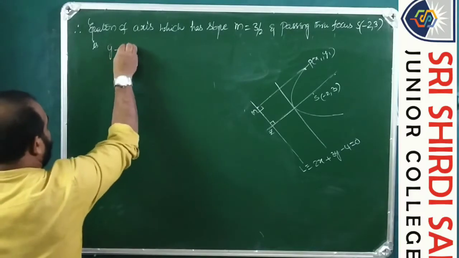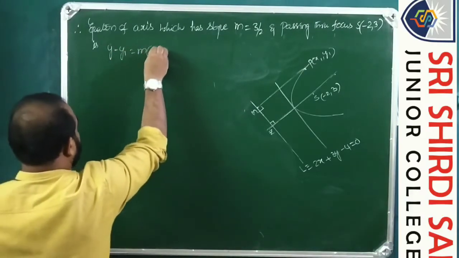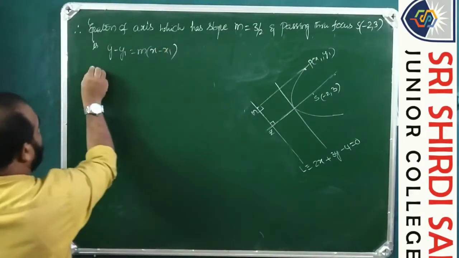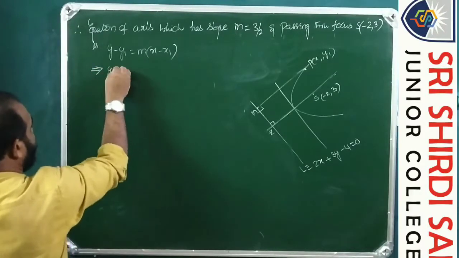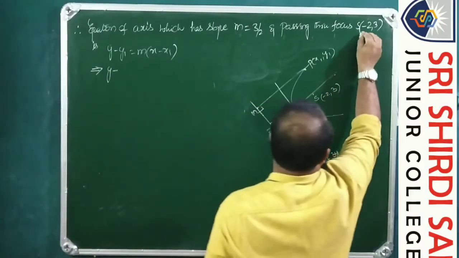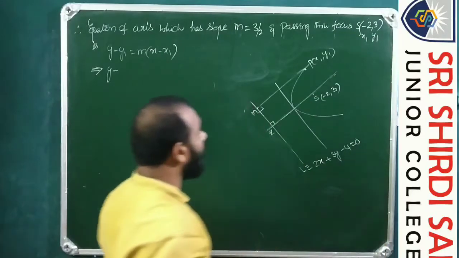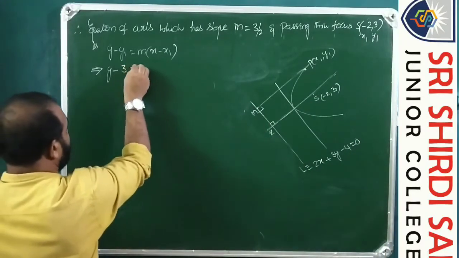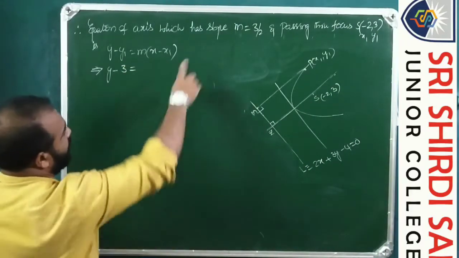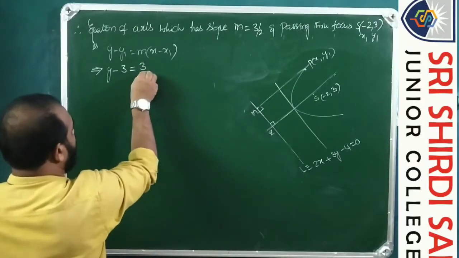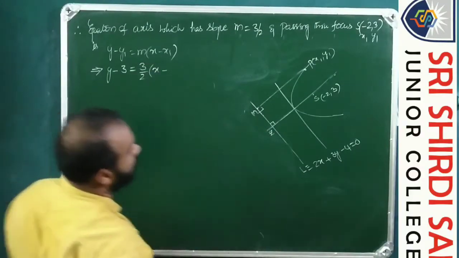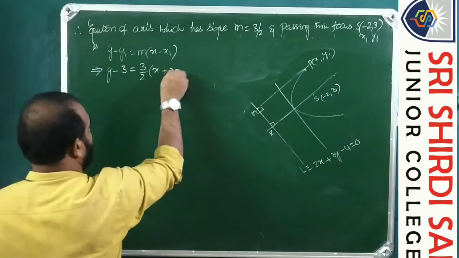y minus y1 equals to m into x minus x1, implies y minus, this is x1 y1. y minus 3 equals to, the slope m is 3 by 2, into x minus x1. Minus of minus is plus 2.